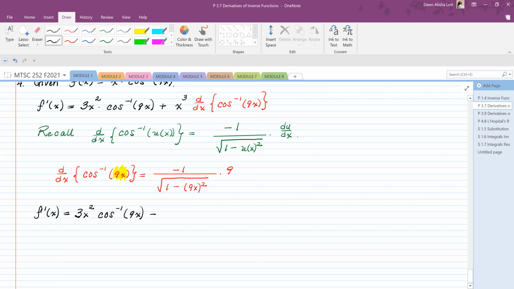So it's going to be negative. I'm going to take this 9, multiply that x cubed and get 9x cubed. And then in the denominator, I'm going to get the square root of 1 minus 81x squared. And I'm done.